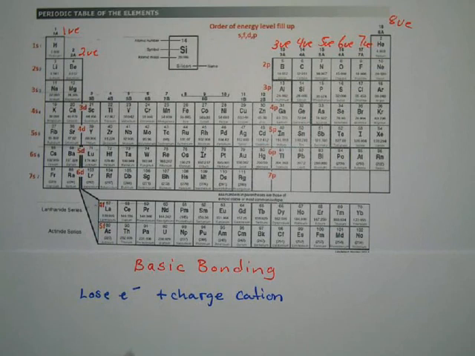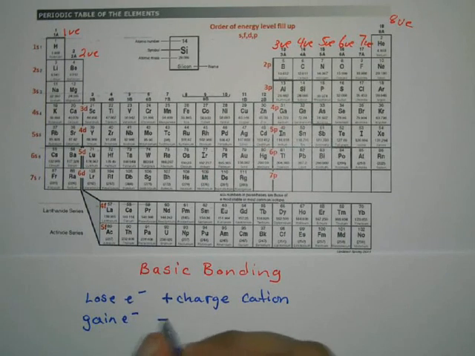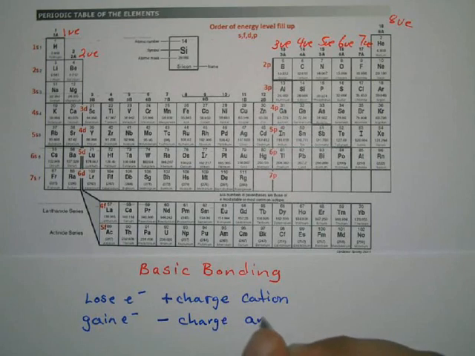So this is super important to remember. When you lose an electron, you take on a positive charge and you form a cation. When you gain an electron, you take on a negative charge and you form anions.